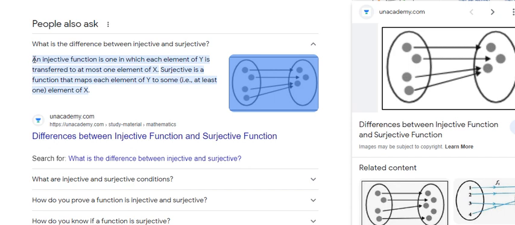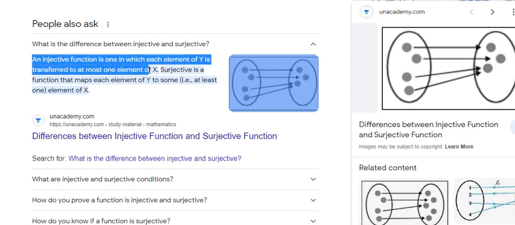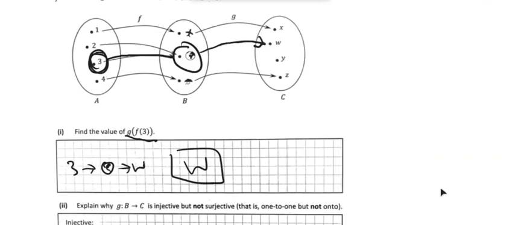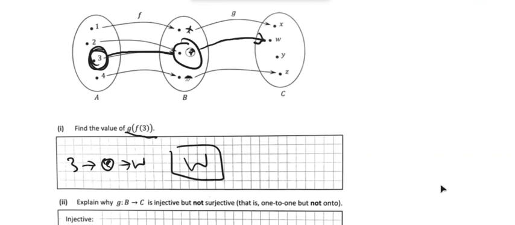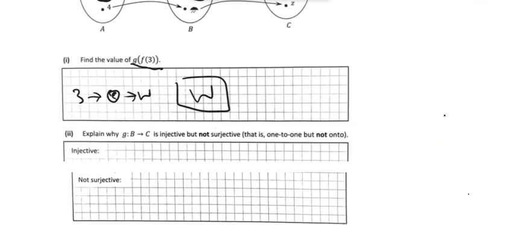So an injective function is one in which each element of y is transferred to at most one element of x, okay? And that does happen here from B to C. So every element in B goes to at most one element in C. So that's true.